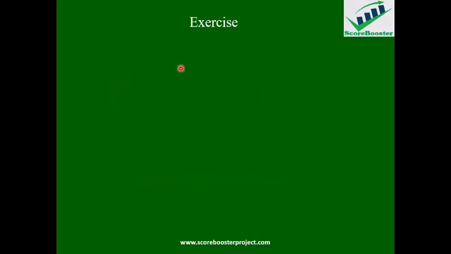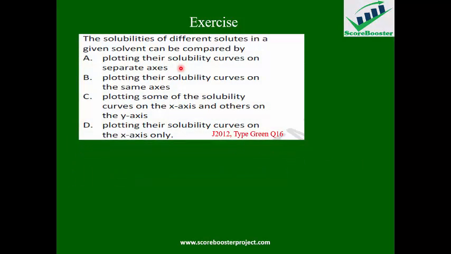So calculations on solubility are very, very simple. The solubility of different solutes in a given solvent can be compared. Even apart from solubility, if you want to compare two things, you have to compare them on the same platform using the same quantity. You cannot set one scale for one and a different scale for the other. So if you want to compare solubility, you have to plot the solubility curves on the same axes, the same y-axis and the same x-axis.